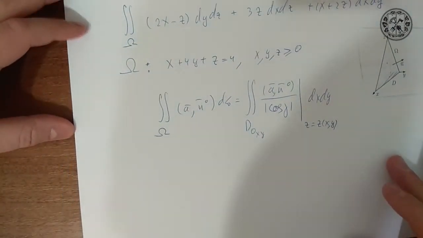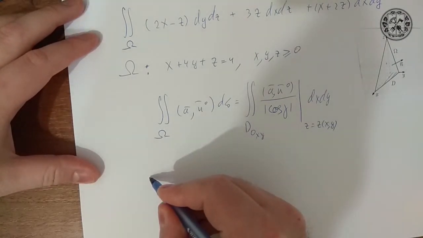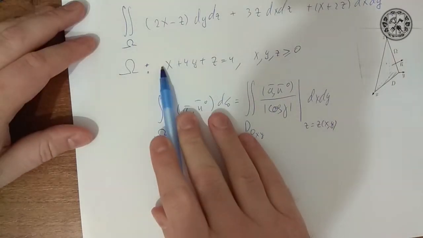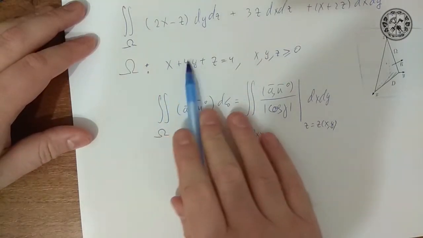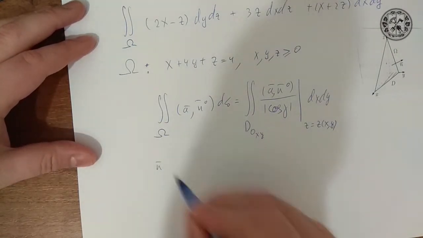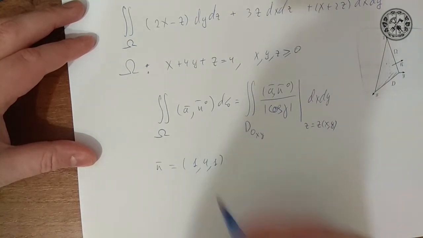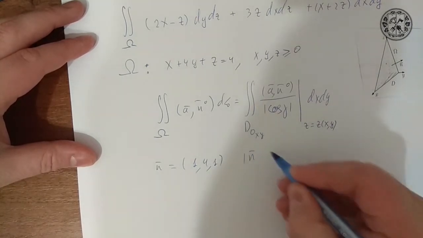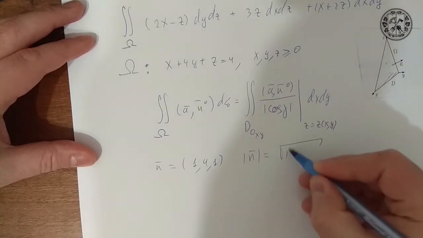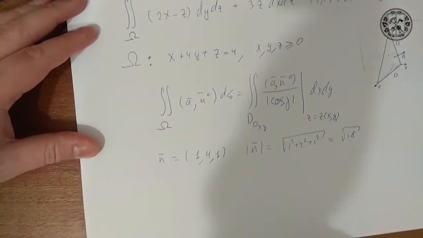Now we have to calculate the normal vector. As we know from linear algebra and geometry, these three numbers will be coordinates for the normal vector. So vector n will have coordinates 1, 4, 1, and its module, its length, will be square root of 1 squared plus 4 squared plus 1 squared, which is square root of 18.